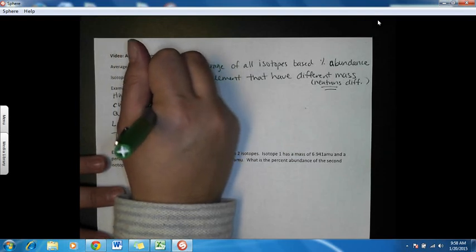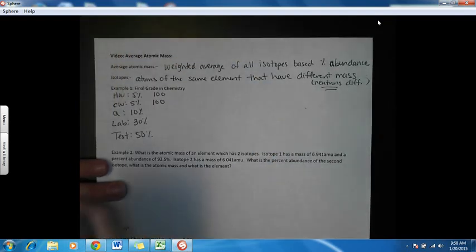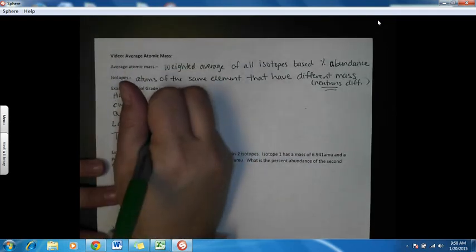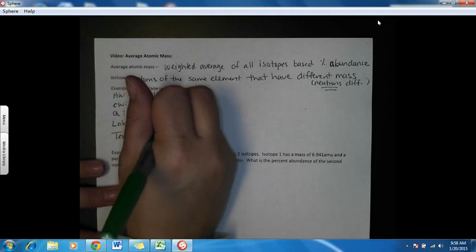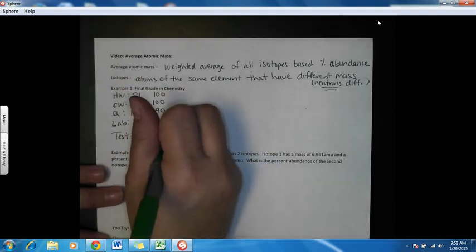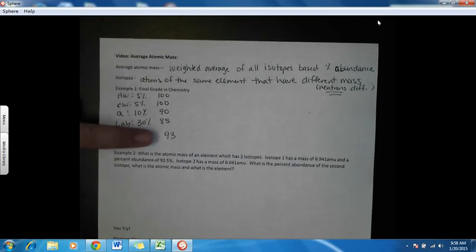But let's say we have 100 for our classwork and our homework. We got a 90 for our quiz. And our lab, let's say, is 85. And on our test, we got a 93. So what would be our average? Well, one thing we should be able to tell is, based on the fact that this is a higher weight, the average will be closer to 93 than to anything else, because this has more weight, right?